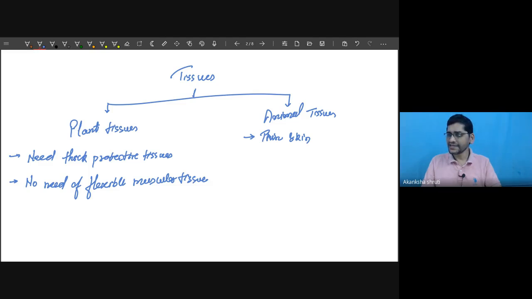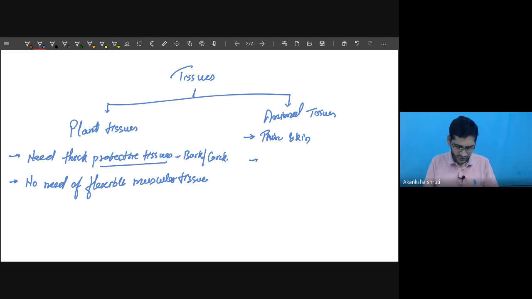We can manage our temperature and external conditions, like in winter we can wear woolen clothes. In summer, we can use AC and fan. So that's why this skin is there, no thick protective tissue like the bark. In plants, they need thick protective tissues, what? The bark, or the cork. Such a cork or bark is not required for animals.